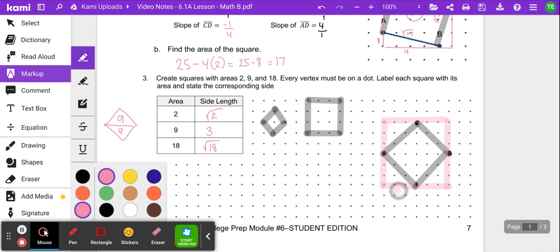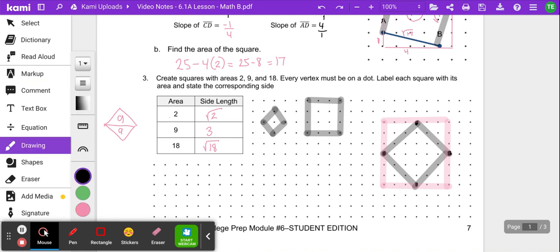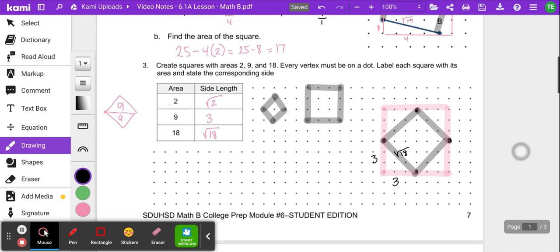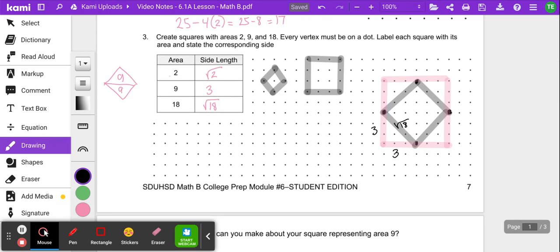Okay, this is a 3, and this is a 3, and this is a square root of 18, because 3 squared plus 3 squared is 18.